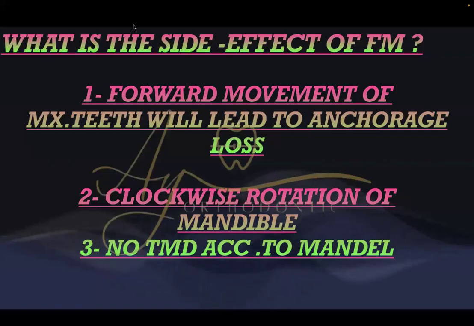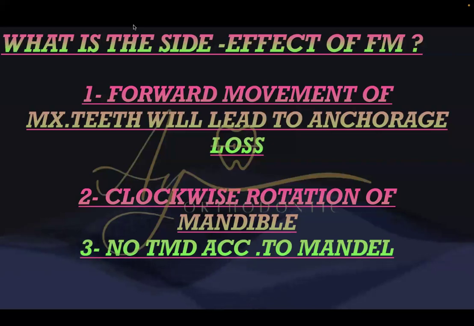And the soft tissue, the concave profile will be changed into a straight profile and will be more protrusive in nature, and the nasolabial angle will also be reduced because of the forward movement of the maxilla and maxillary anterior teeth. Excellent, excellent, excellent. Okay.